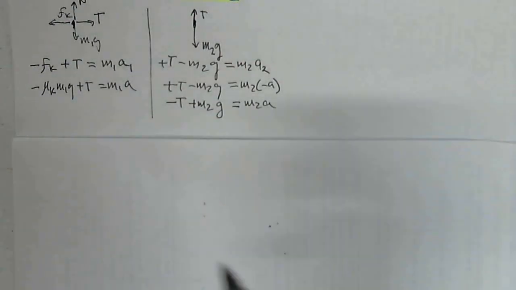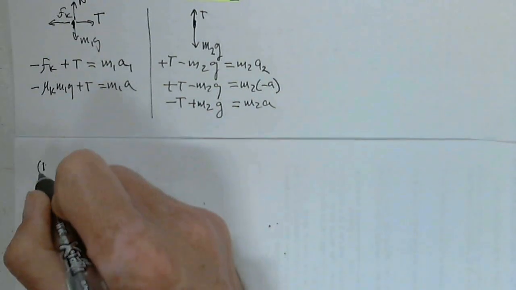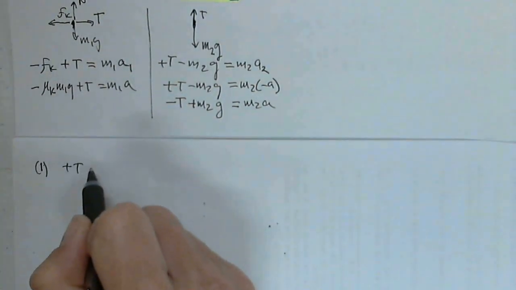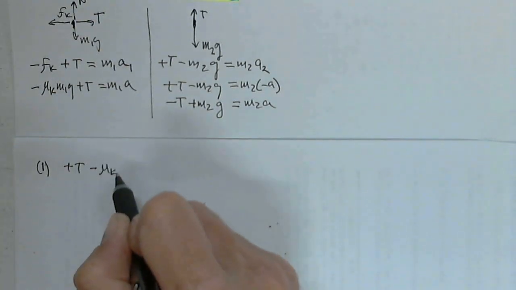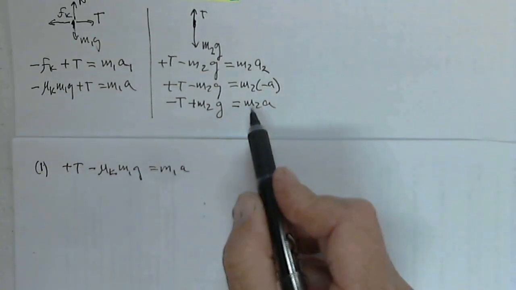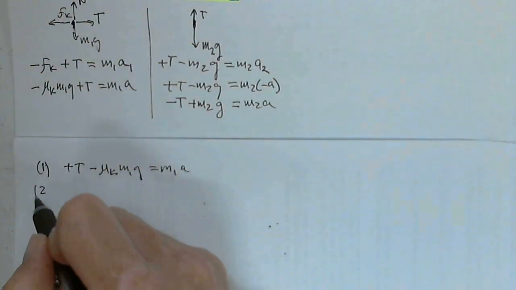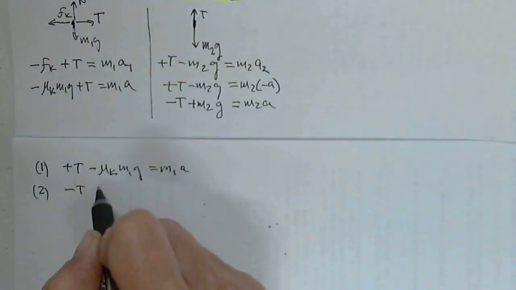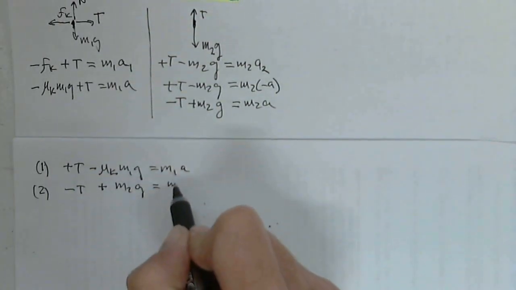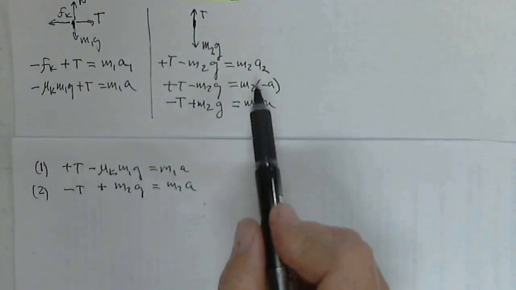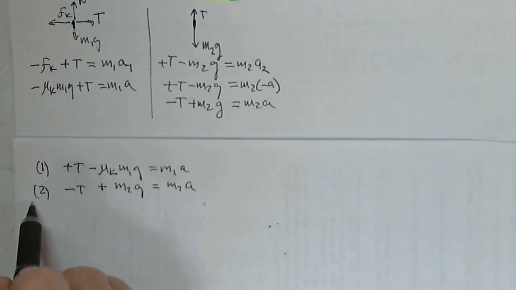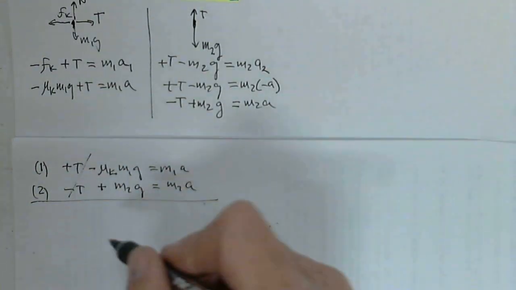So this is my system of equations. I will put the tension first and then the friction, and this is my second equation. I multiplied this one by -1, that's why I switched the signs over here. I just added up term by term and this cancels out.